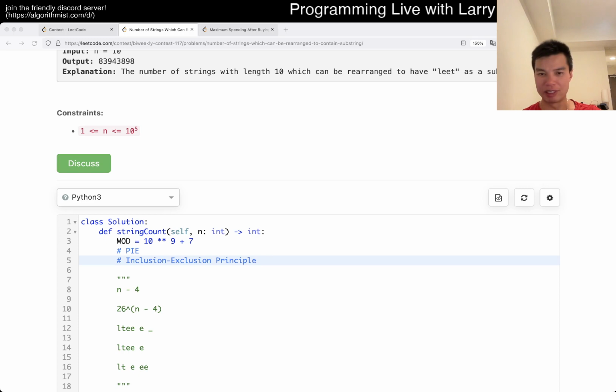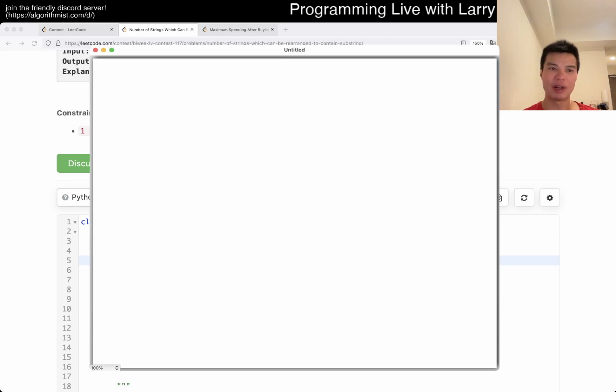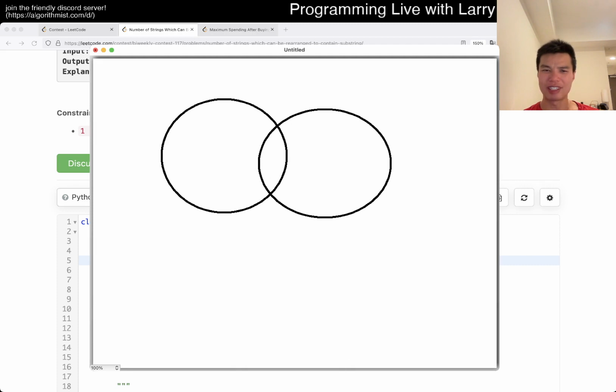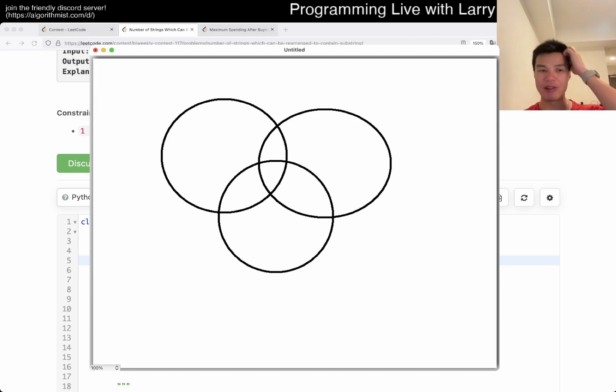So let me bring it up really quickly. The short answer is that, okay, now you have a pie chart, not pie chart. I say pie chart, I mean a Venn diagram, right? And then now basically you have to add in, for example, how do you figure out the area?